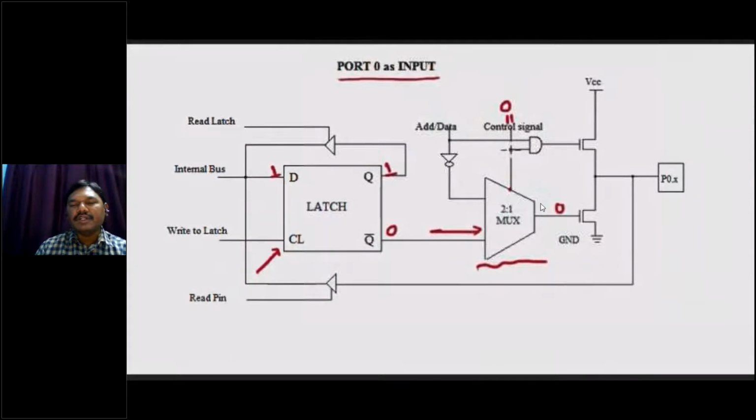When it is 0, the AND gate gives 0, and 0 and 0 is again 0 here. Then this transistor will be off and this will be 1. I have given 1 here, and that same 1 has been written here.